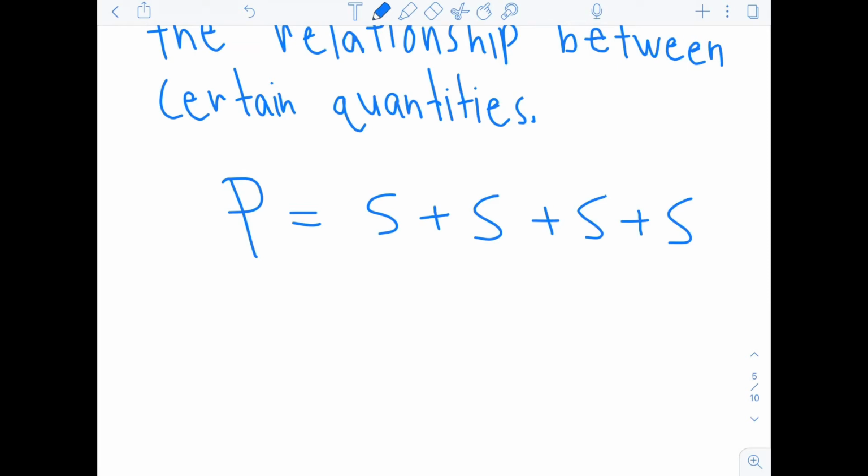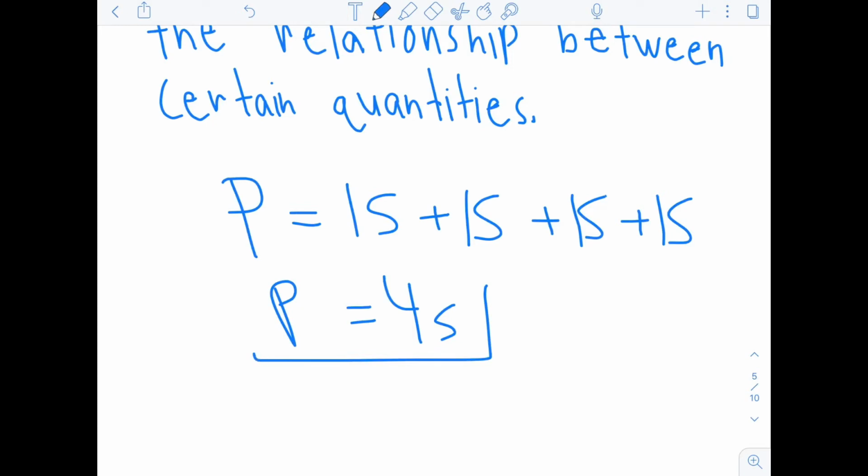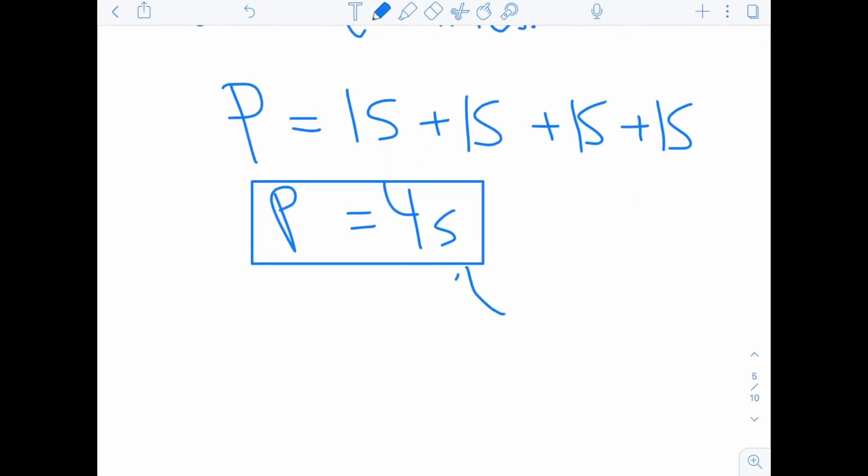And s plus s plus s plus s is basically 4s, because there's an invisible 1 there. So we know that the formula to find the perimeter of a square is p equals 4s. You would plug in s, and let's say s is 5 centimeters, then you would plug that in and you would get the perimeter. So a formula shows the relationship between these two quantities.